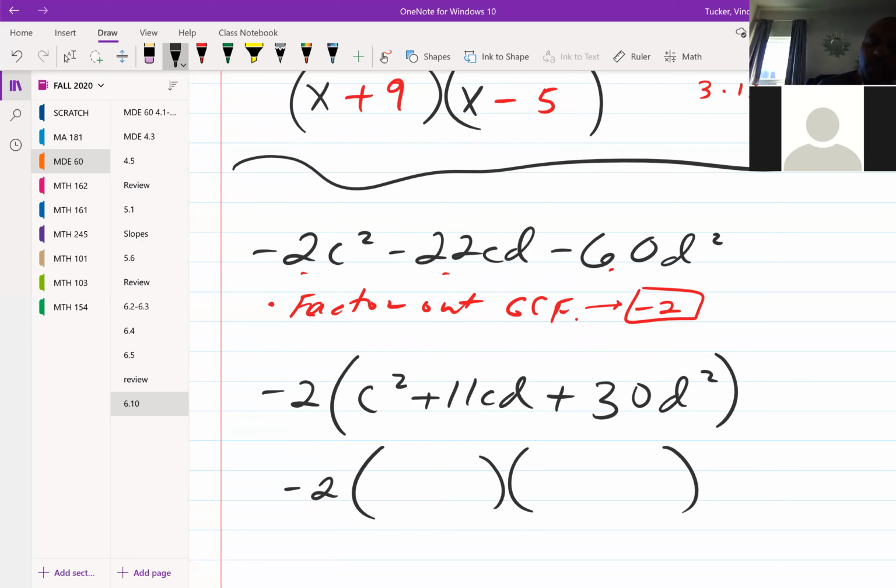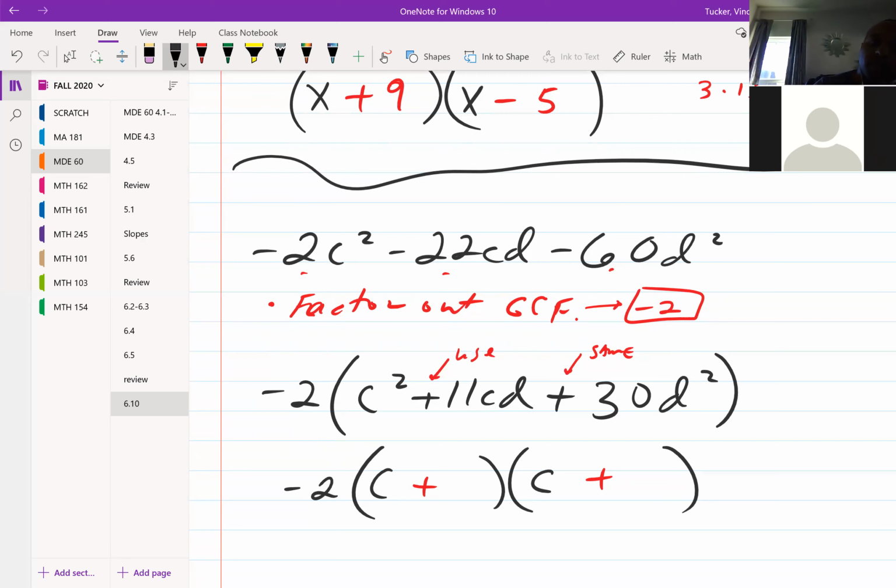All right, so the sign in the back tells me both of my signs should be the same. The sign up front tells me what signs to use, so that means I should have plus in both cases. Then the two front terms, c times c, give me c squared.